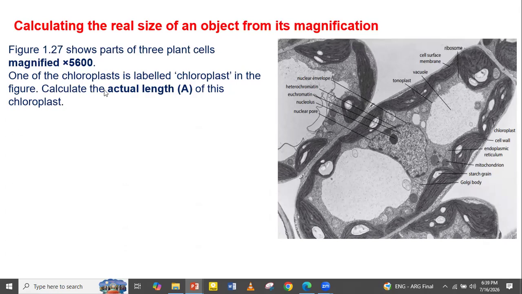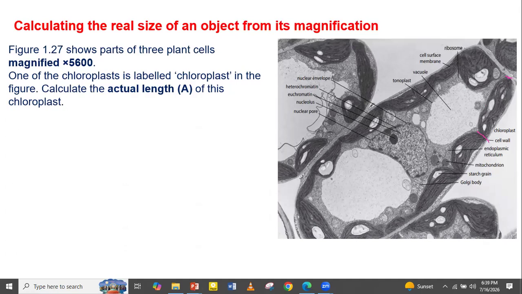So I'm going to get my ruler and place it along this chloroplast. Remember, someone can measure like this or like this, but in this case, I'm going to measure the longest length of that chloroplast. So I see the chloroplast starts from around here up to here.